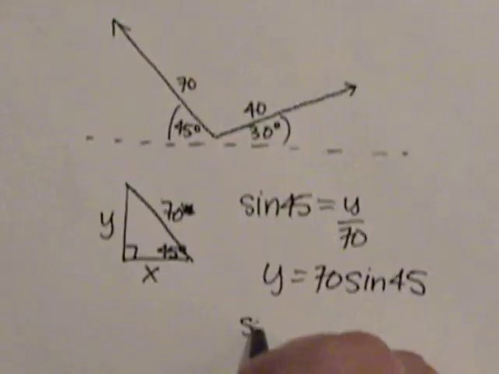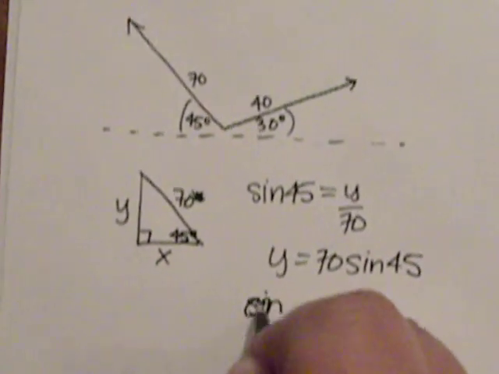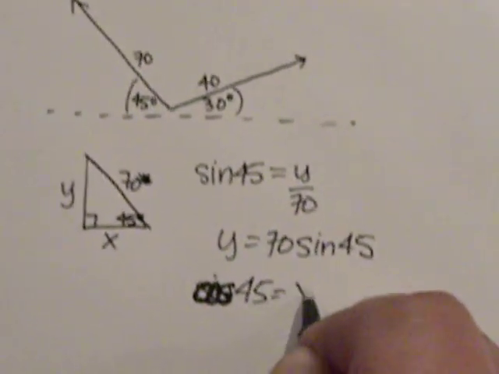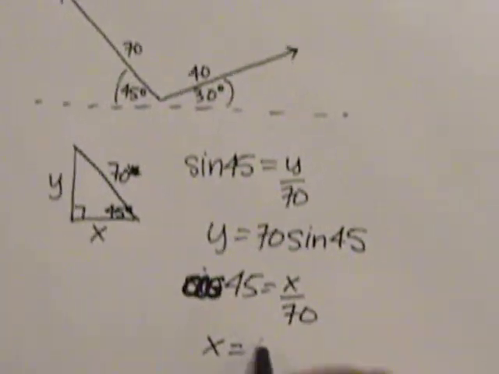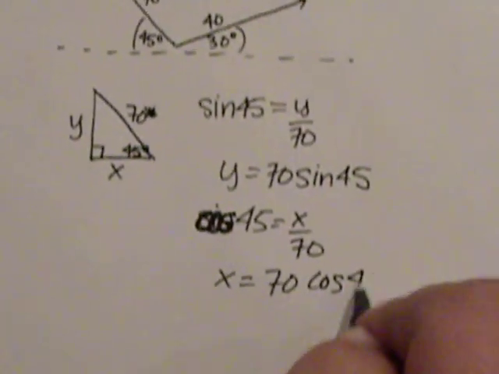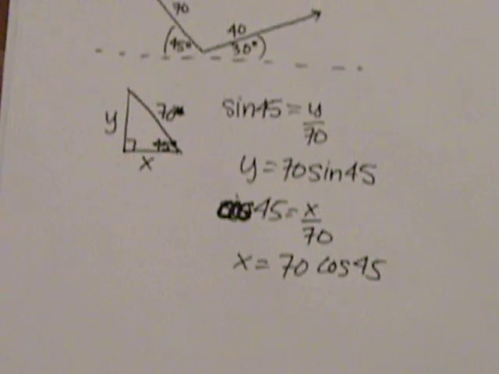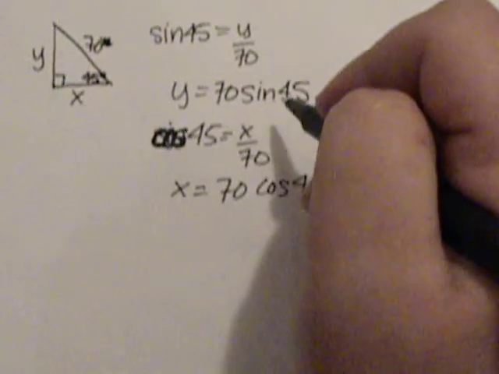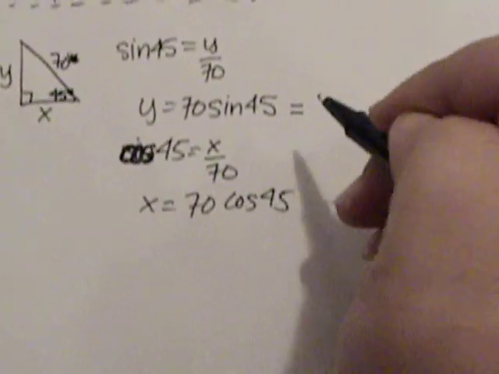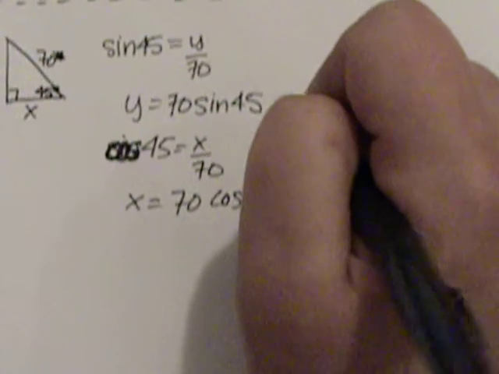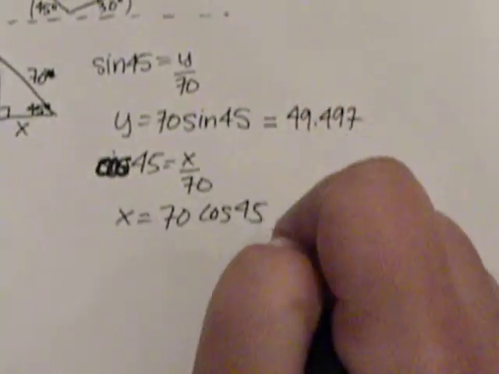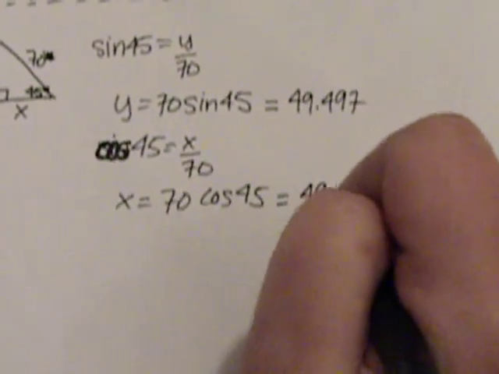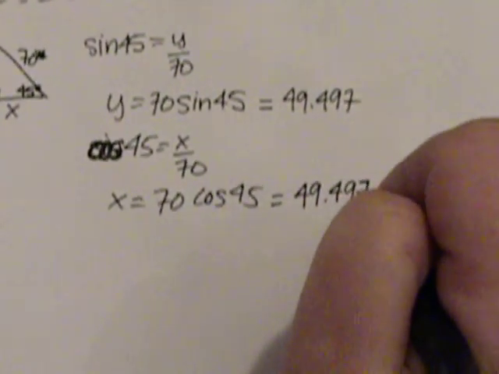And then cosine of 45 degrees is x over 70, so x equals 70 cosine of 45. Put it into your calculator. 70 sine of 45 is 49.497. 70 cosine of 45 is the same thing, because it's a 45-degree angle.